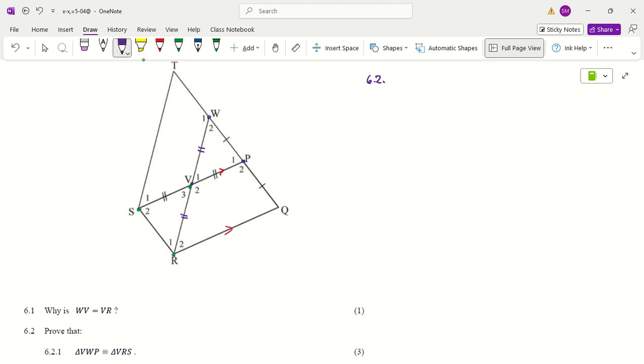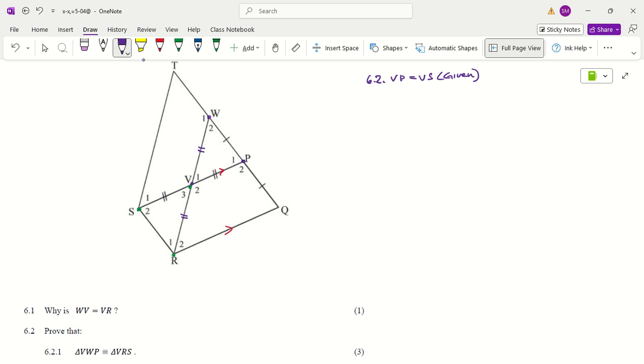I think that is very simple to do. Already we have annotations here. VP is equal to VS, and this one is given from the information.